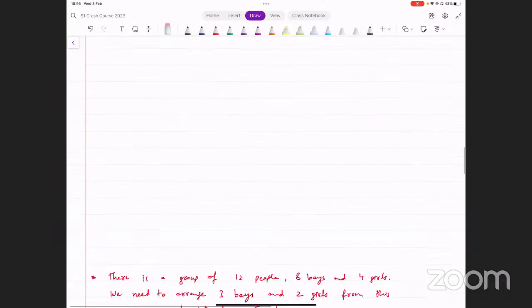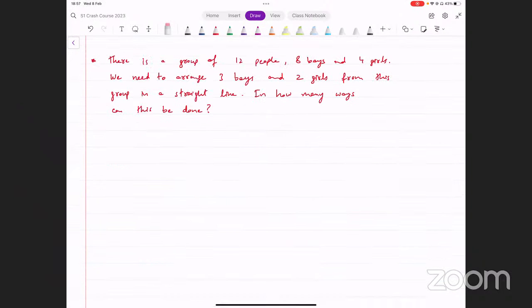Because in this case, there is a condition on selecting, and then you have to arrange those people. So let's take 10 seconds to just read this statement first of all, and then we'll try this.